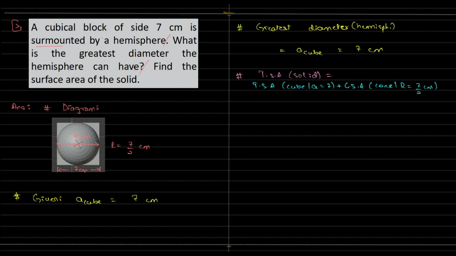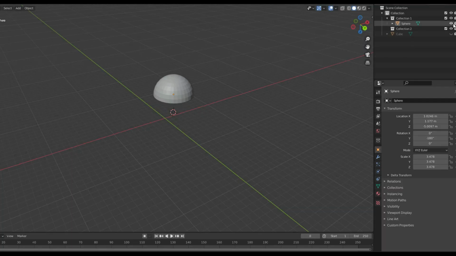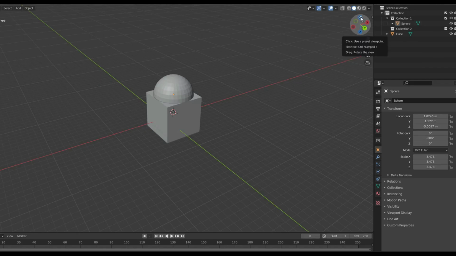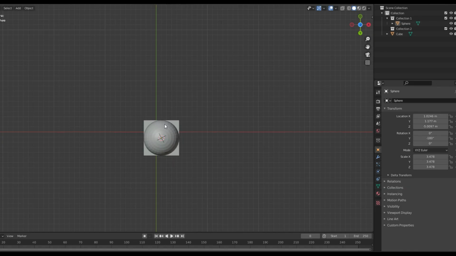Next, the thing is, we won't be able to see all of the cube. See, this upper part, imagine me crossing it. If the hemisphere is there, that is not visible. So if I view from the top, this part of the cube is not visible when I keep a hemisphere.